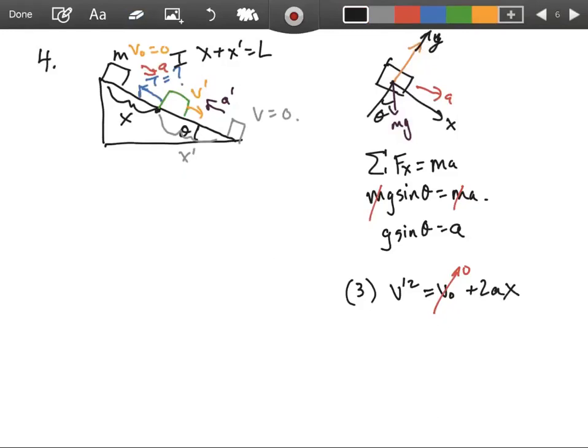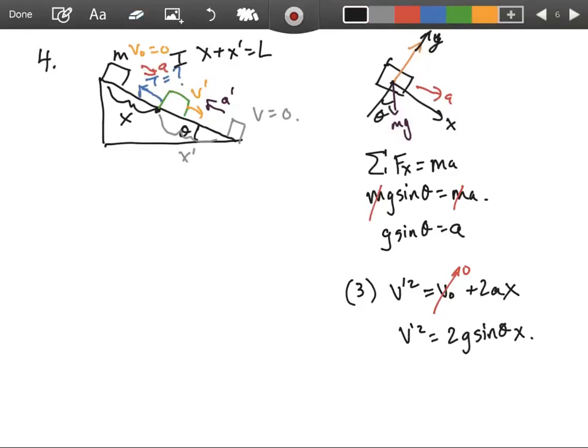So this tells me that v prime squared is equal to 2 times g times sine theta times the distance x. Now, I'm not going to bother solving for v prime because I'm going to need v prime squared in just a minute anyways, so I'm just going to leave it this way.